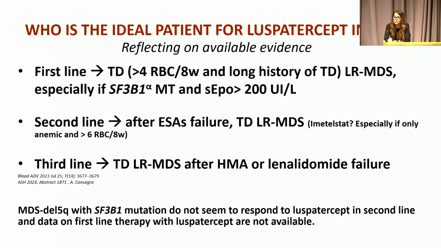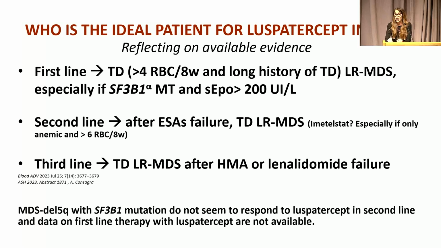In first-line therapy, I would choose luspatercept in transfusion-dependent patients with low-risk MDS, with a transfusion burden of more than 4 units per 8 weeks, and especially if they have a long history of transfusion dependence, and especially if that patient has a mutation of SF3B1 in the alpha group, or if the endogenous EPO is above 200 units per liter.